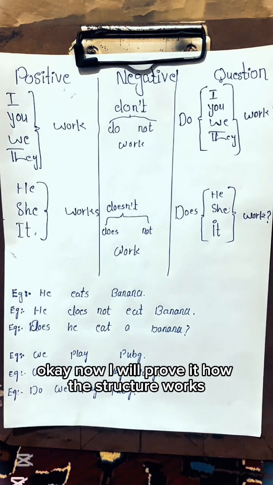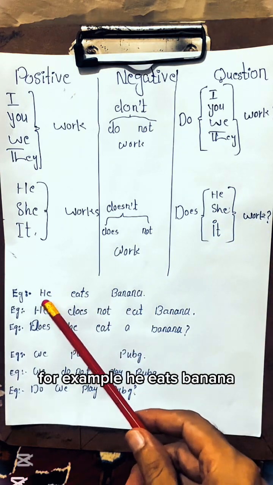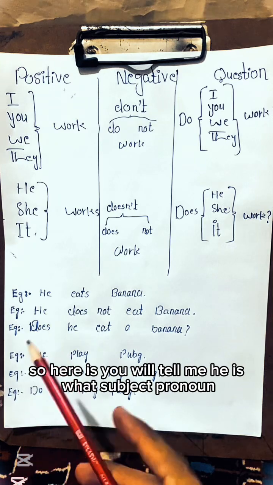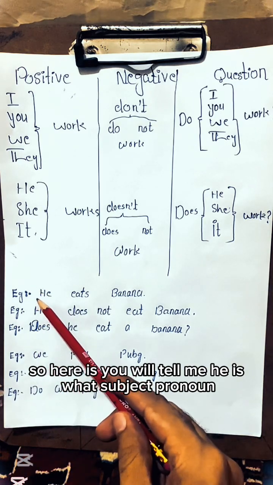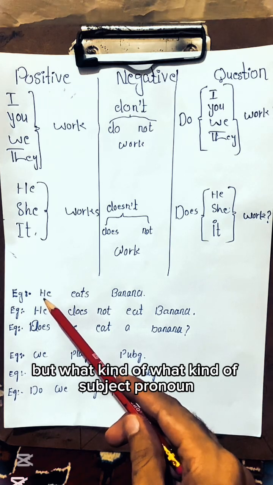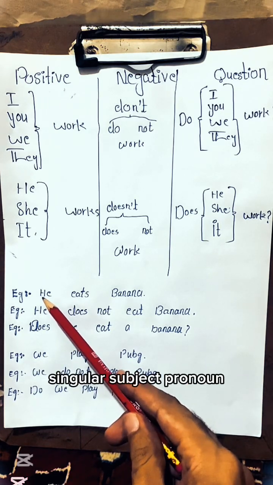Okay, now I will prove how the structure works. For example, he eats banana. Here, you will tell me, he is what? Subject pronoun. But what kind of subject pronoun? Singular pronoun. Singular subject pronoun.